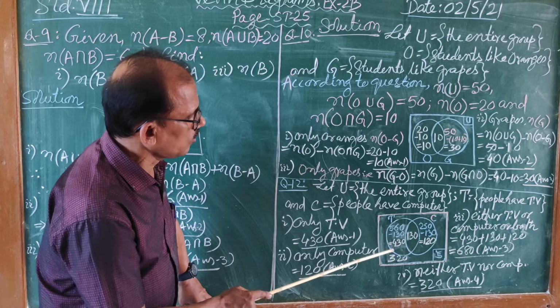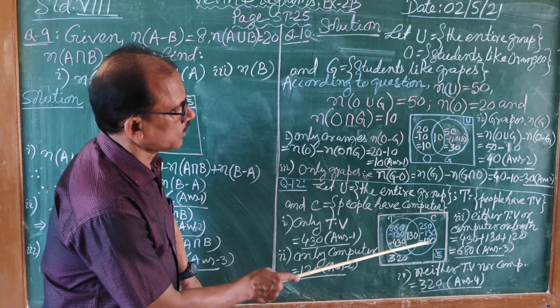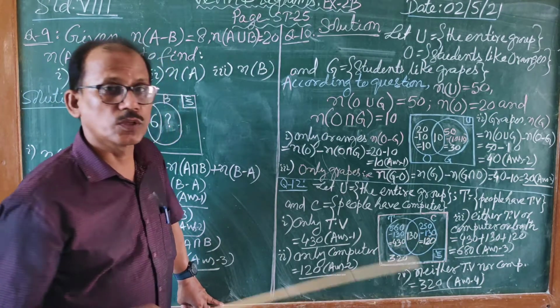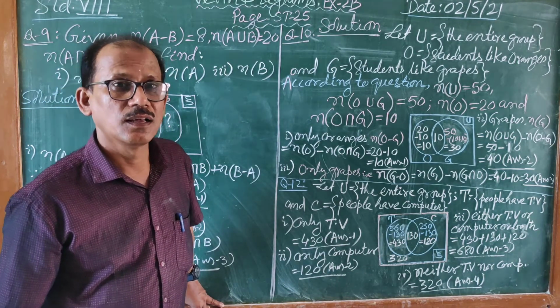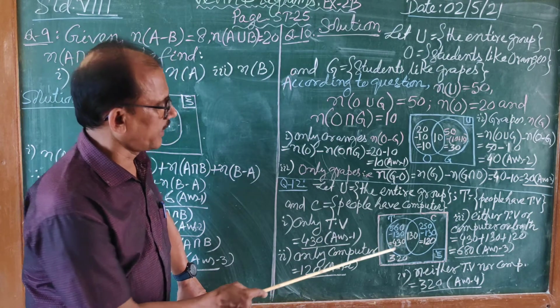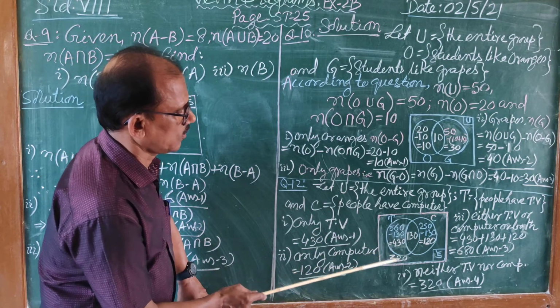Now you have got only TV, both and only computer, but the total number of people is 1000. Some are neither having TV nor computer. That will be 1000 minus the sum of these.